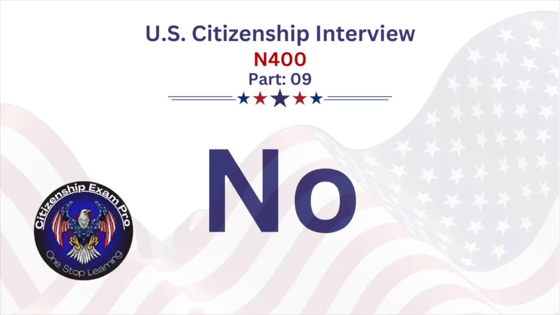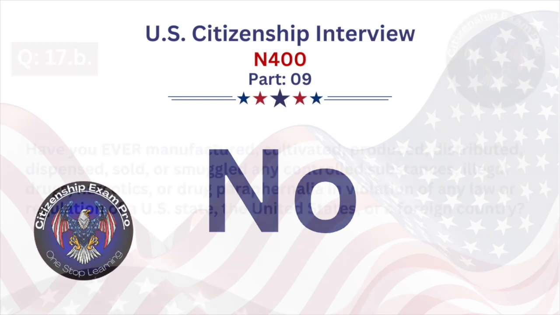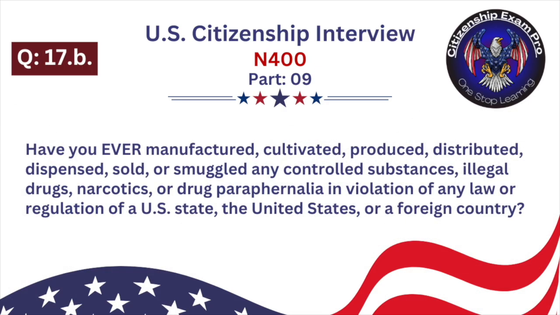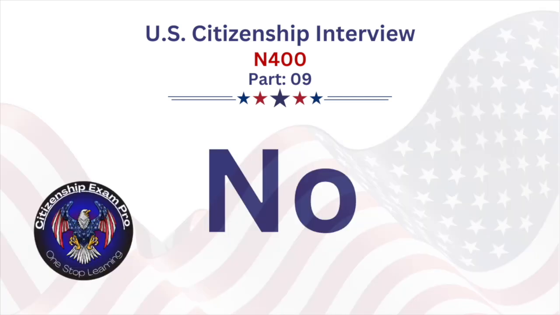No. Have you ever manufactured, cultivated, produced, distributed, dispensed, sold, or smuggled any controlled substances, illegal drugs, narcotics, or drug paraphernalia in violation of any law or regulation of a U.S. state, the United States, or a foreign country? No.